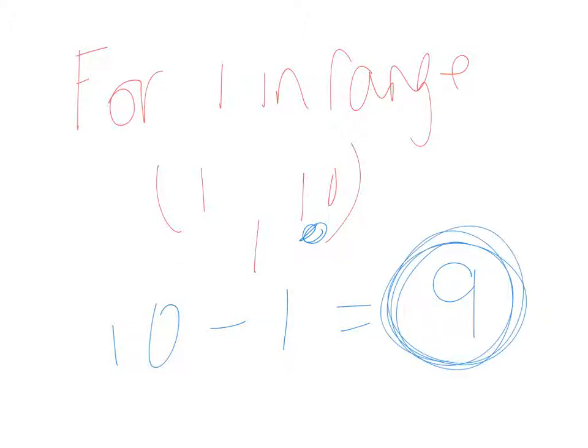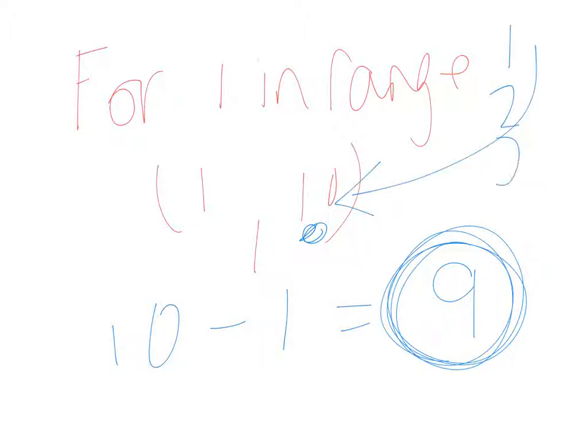Now let's just look at for loops in general. So for i in range 1 to 10, if we use our little cheat, which is to take 10 minus 1, we know that this loop is going to execute 9 times in total. It's going to start at the number 1 and run until it meets that number.